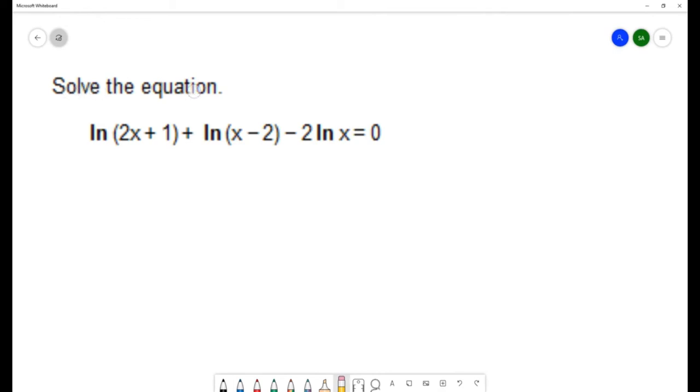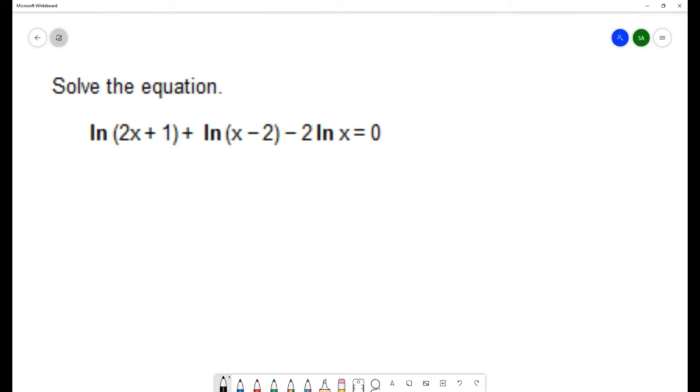We want to solve the equation ln(2x + 1) + ln(x − 2) − 2 ln x = 0. So in this example, I have a log equation, and I keep in the back of my pocket two main methods for solving logarithmic equations.